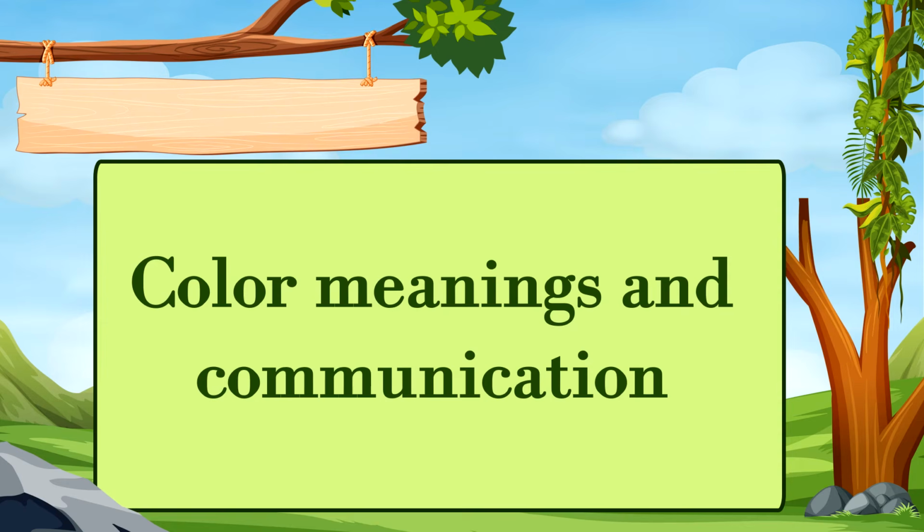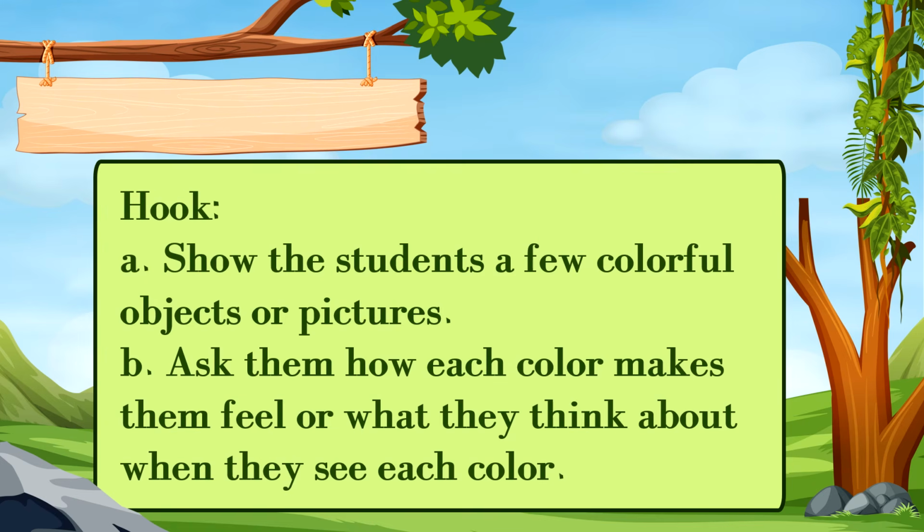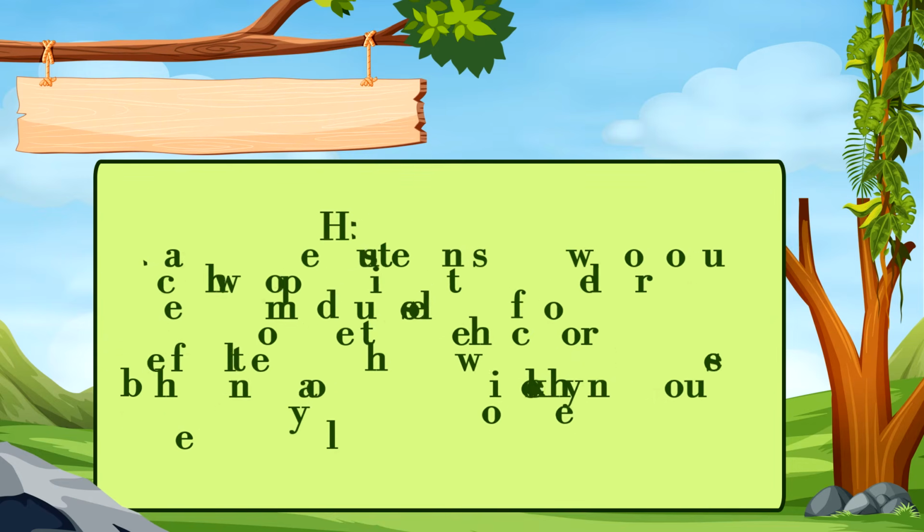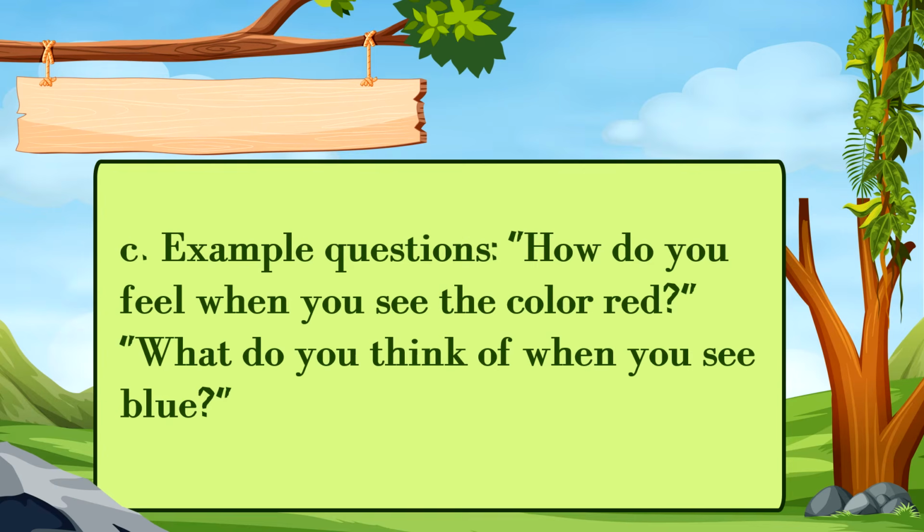Color meanings and communication. Show the students a few colorful objects or pictures. Ask them how each color makes them feel or what they think about when they see each color. Example questions: How do you feel when you see the color red?